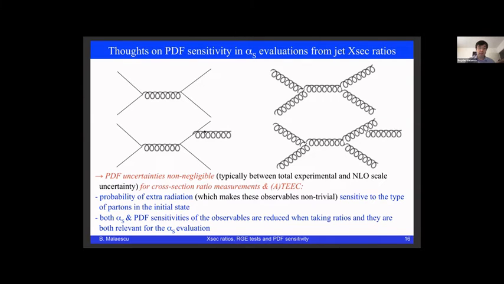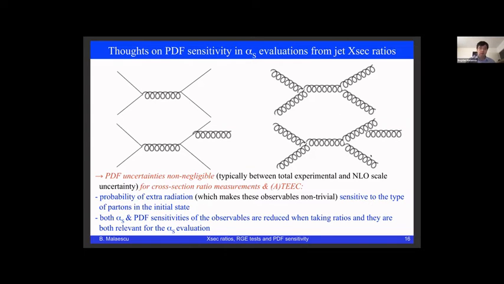If you don't have this extra gluon here, this ratio is just trivial, and similarly here. Now what happens is that one has several Feynman diagrams that can produce the same final states, of course. It's just that the probability of emitting one extra gluon in the final state does depend on whether one has a quark line here or a gluon.